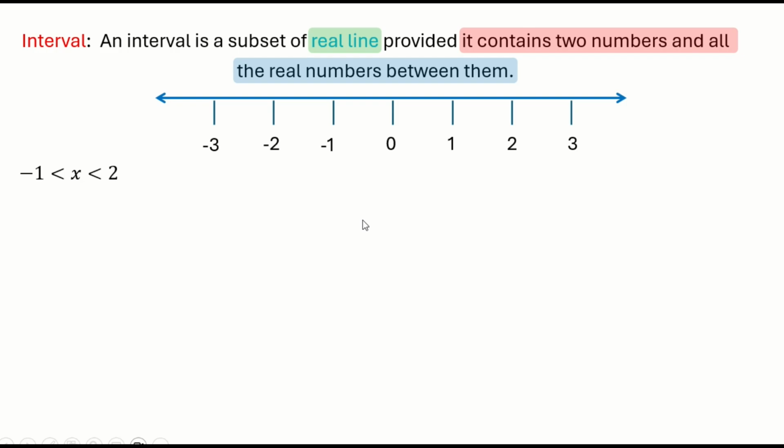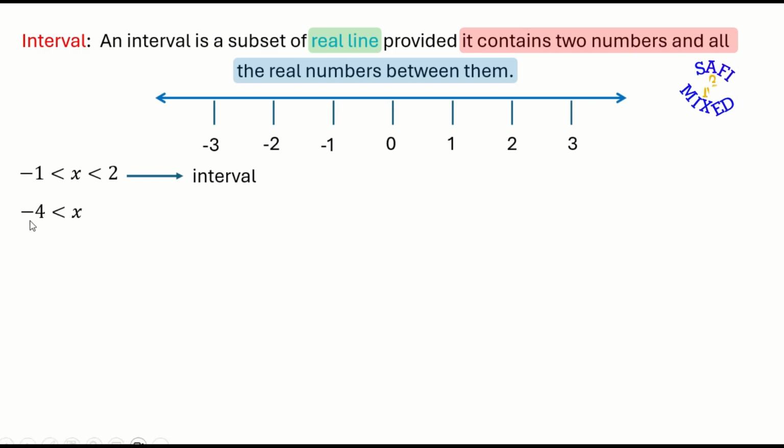Now consider this configuration where x is greater than minus 1 and lesser than 2. This is an interval bounded by two numbers, minus 1 and 2. That is, the first condition is satisfied and it contains all the real numbers between 2 and minus 1. So this is in fact an interval.